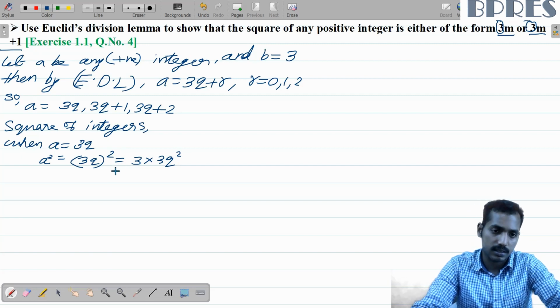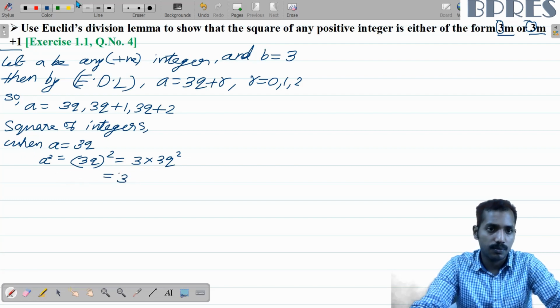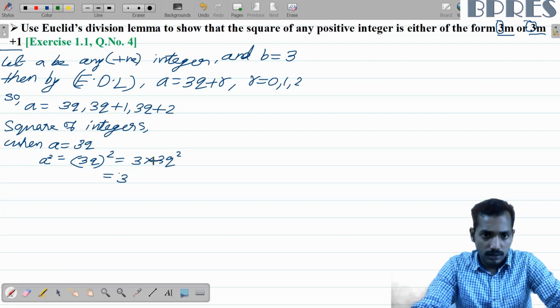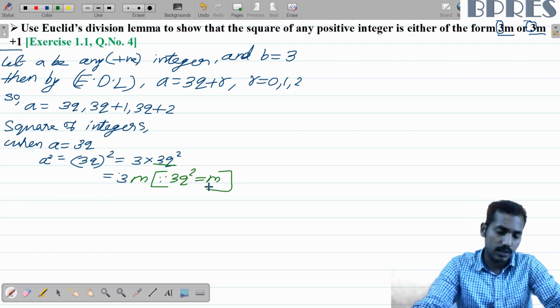We write q square as it is. That is equal to 3 into 3q square. Let's substitute 3q square as m, so we get 3m, since 3q square is another integer m.